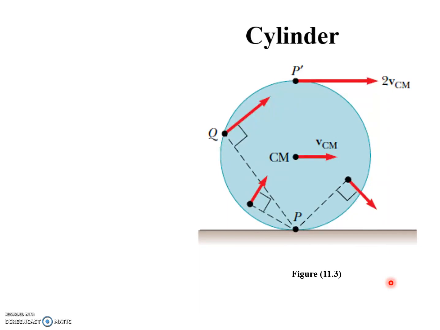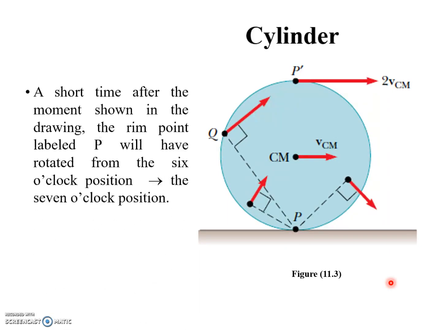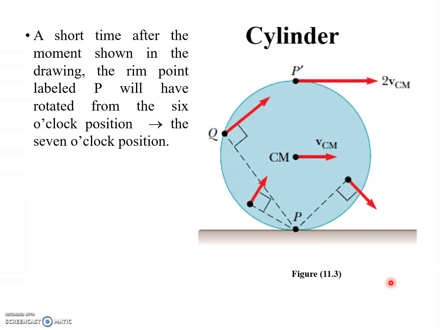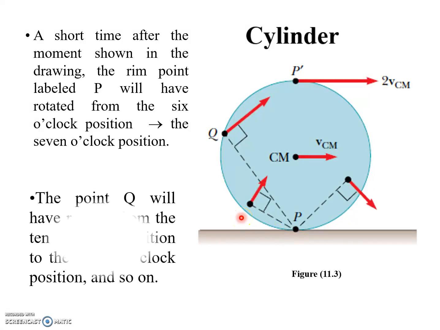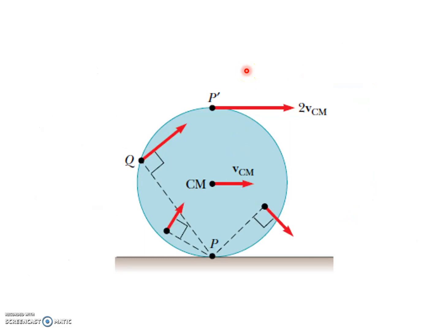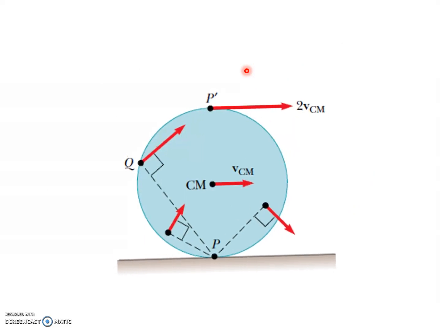Okay, let's look at figure 11.3, where we have a cylinder. The cylinder is rolling, and a short time after this moment, we can see that the rim point P is moving from the 6 o'clock position to the 7 o'clock position. The same goes for another point, which moves from the 10 o'clock position to the 11 o'clock position. Again, look at this figure.